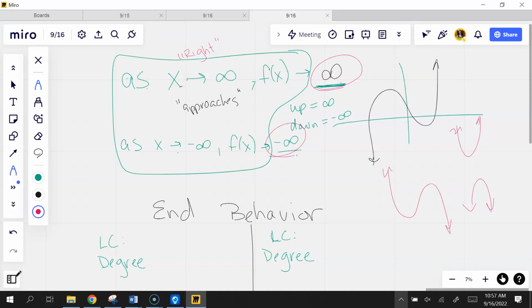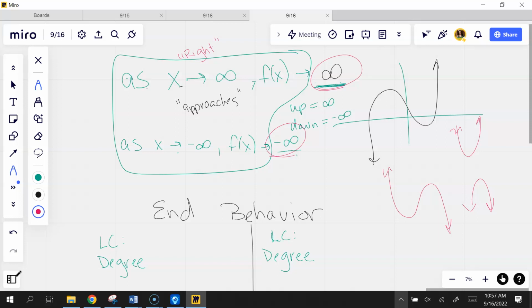Both ends could go the same direction, both up, both down. The ends could go opposite directions like this or like this. Those are my four scenarios. No, both up, both down, that's two. This way is three, and this way is four.